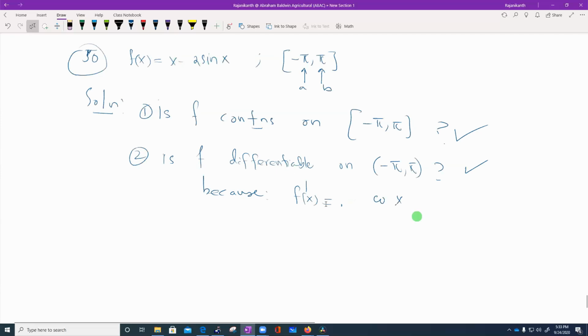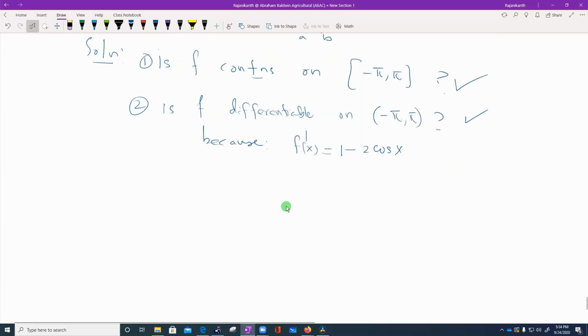If you try to draw this function, you see it is defined everywhere. Therefore, the derivative is defined as well, which means it is differentiable. Okay. So now the two conditions are satisfied.